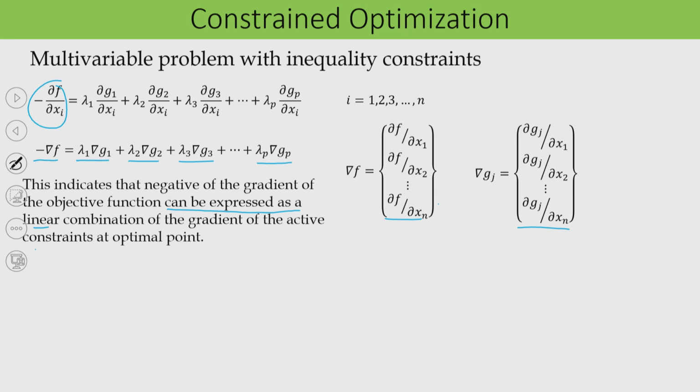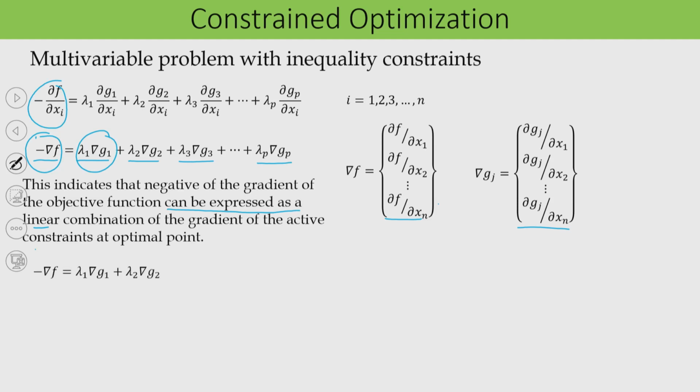So, the negative of the gradient of the objective function is nothing but a linear combination of the gradients of the constraint functions.